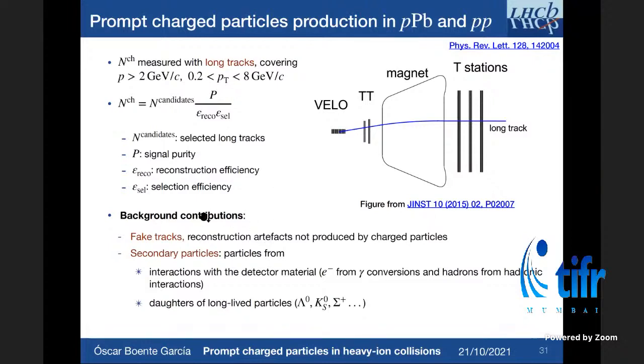These backgrounds are mostly fake tracks, which are tracks that our tracking system made up, which are not negligible especially in high occupancies, mostly due to our tracking configuration, and also secondary particles, which are particles coming both from material interactions and daughters of long-lived particles.